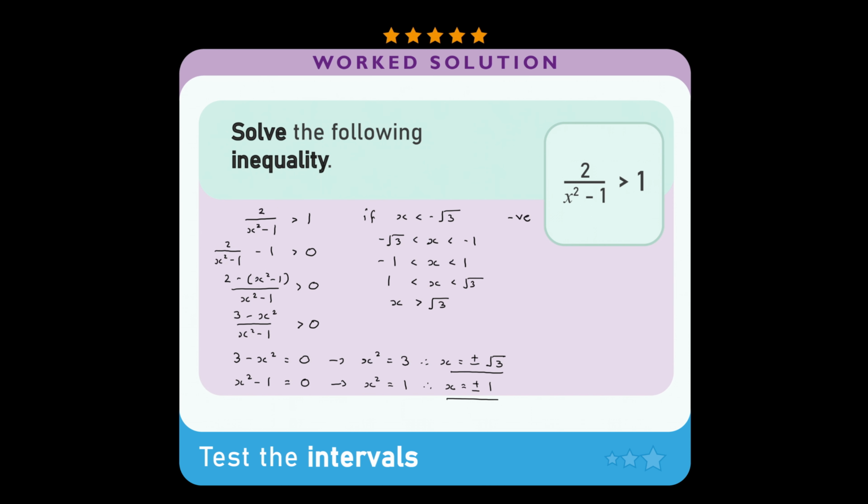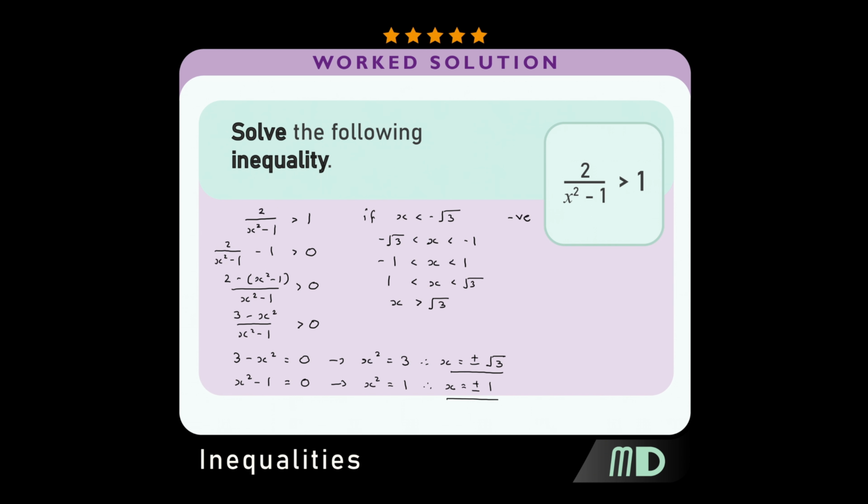When x is between minus root 3 and minus 1, the answer is positive. When x is between minus 1 and 1, the answer is negative. When x is between 1 and root 3, the answer is positive. And finally, when x is greater than root 3, the answer is negative.